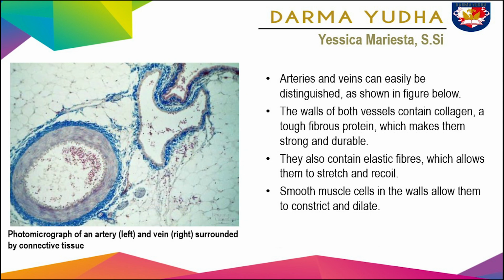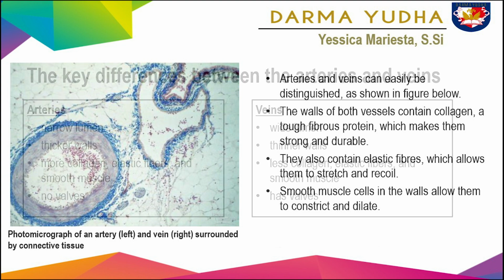Arteries and veins can easily be distinguished, as shown in this figure below. The walls of blood vessels contain collagen, a tough, fibrous protein which makes them strong and durable. They also contain elastic fibers which allow them to stretch and recoil. Smooth muscle cells in the walls allow them to constrict and dilate.